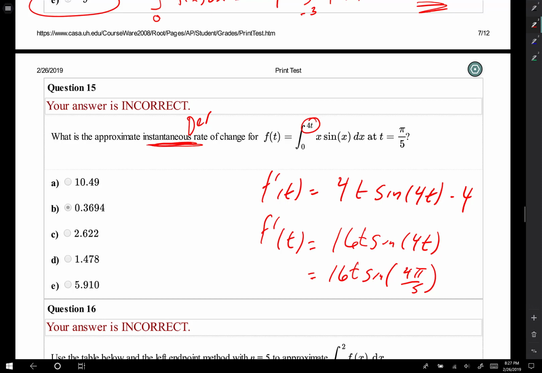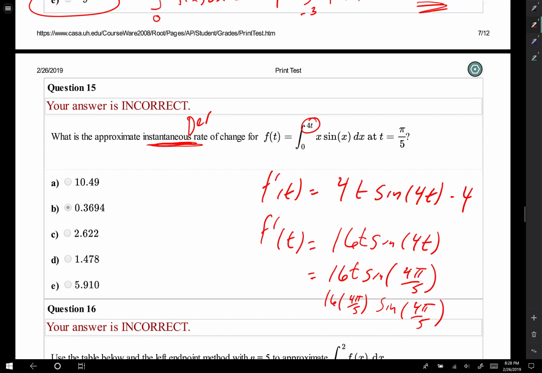Lame. Okay, so 16 times 4 pi over 5 sine of 4 pi over 5. So here we go. 16 times 4 pi over 5 times sine of 4 pi over 5.